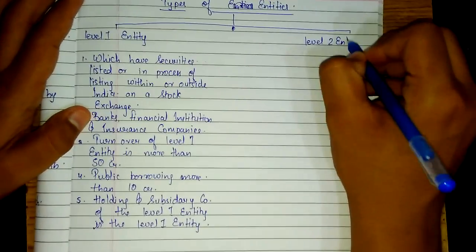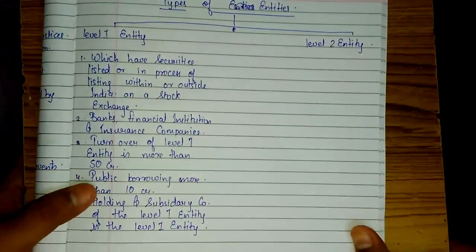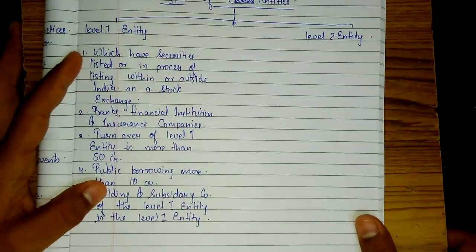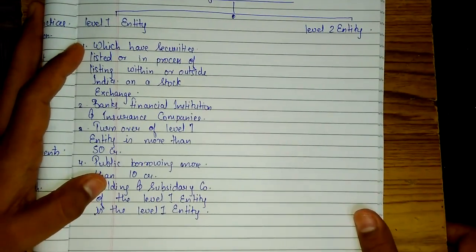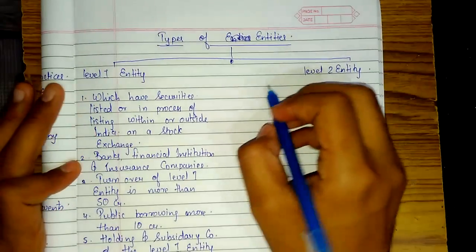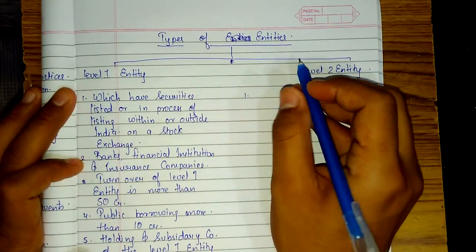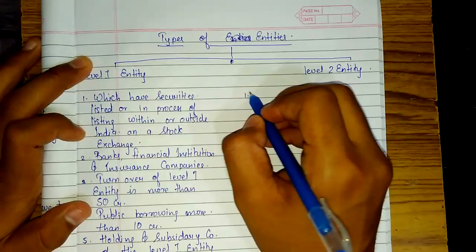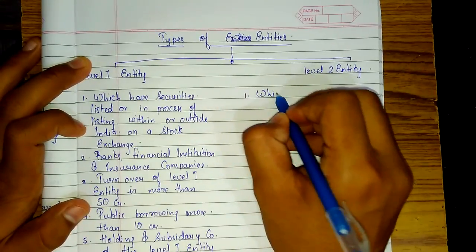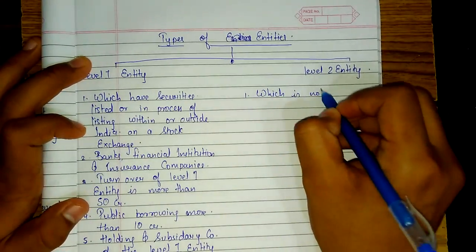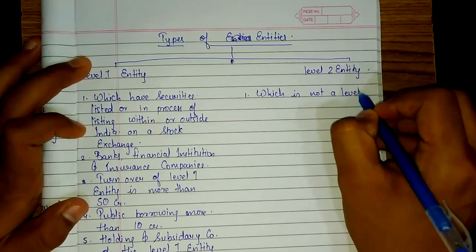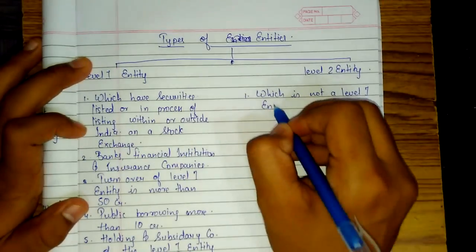Level 2 entity, just wait a second. Okay. 1. Level 2 entity is one which is not a level 1 entity firstly.